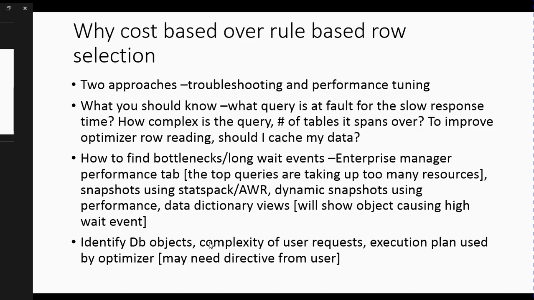Different situations would call for different actions, right? If you have an initial configuration and you figure out that it's not working, then you can definitely change to another configuration. These are the two options you have for configuring the optimizer to apply the cost-based row selection method.